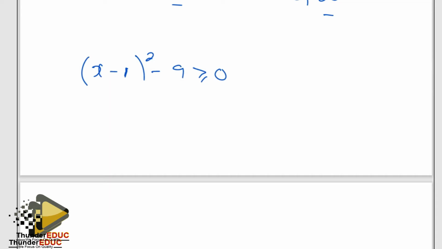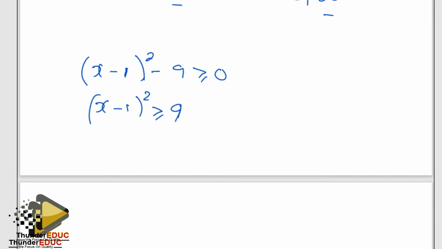You can either open up this bracket and form a standard equation of the quadratic, or we can just move the 9 that side, and either way, our aim is to end up with the critical values. So let me shift the 9 to the right hand side. So it's x minus 1 squared is greater or equal to 9.